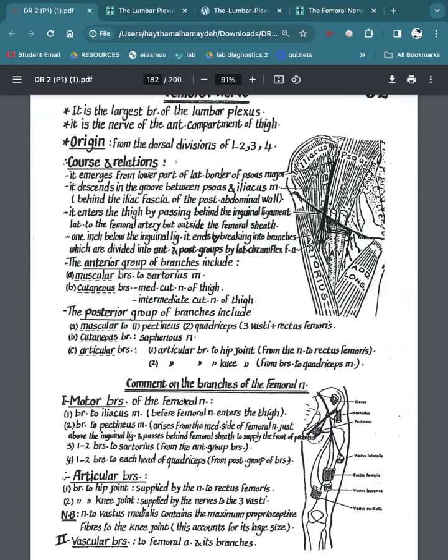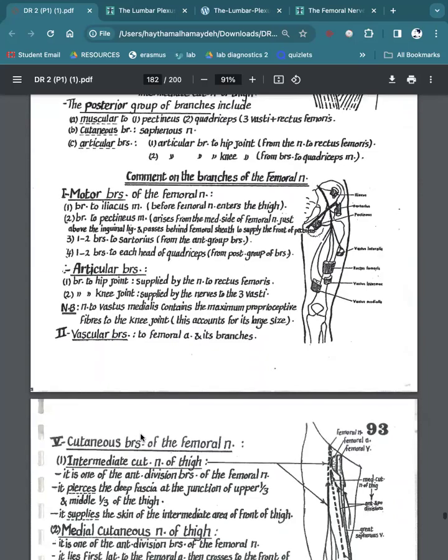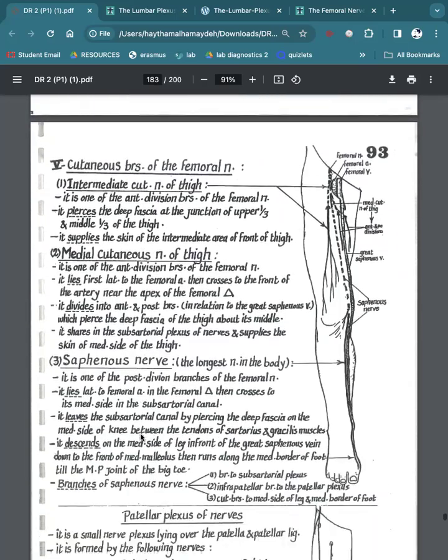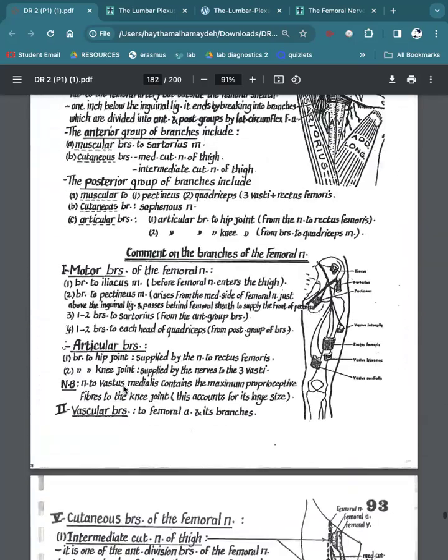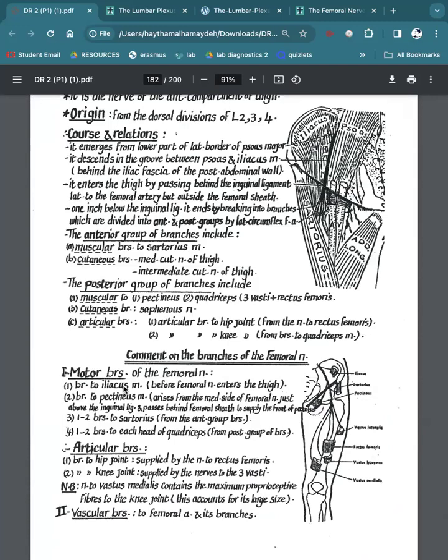For example, the motor branch of the femoral nerve, iliacus, pectineus, just separated. You're just repeating the words. Okay, that's the femoral nerve. The next big one, we can check it next.